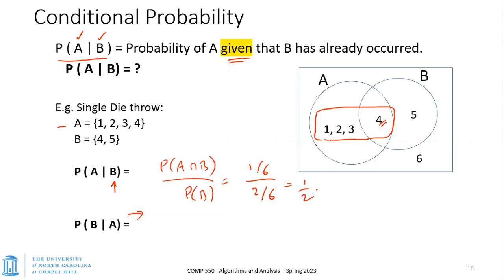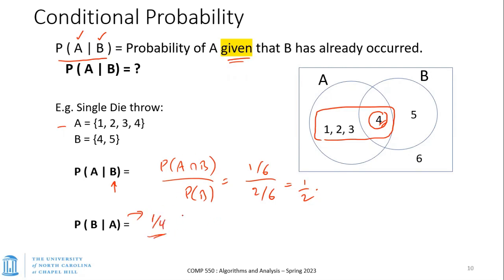So clearly, that could only be possible if 4 again was the number, given that 1, 2, 3, or 4 had occurred. Okay, so clearly from intuition, you should be able to say, well, what should that be? What's the probability that 4 occurred, given that 1, 2, 3, or 4 have occurred? 1/4. Okay, so that's 1/4.